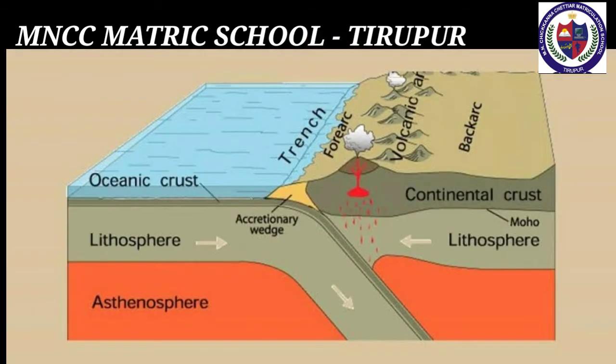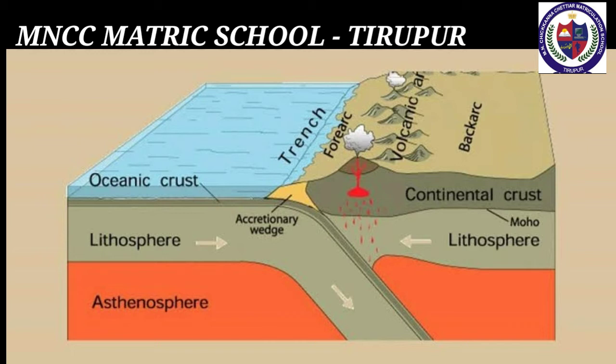The earth movements. The lithosphere is broken into a number of plates known as the lithospheric plates. The movement of the Earth's lithospheric plates is termed as tectonic movements. At some places, these plates move away from each other, creating wide rifts and trenches.